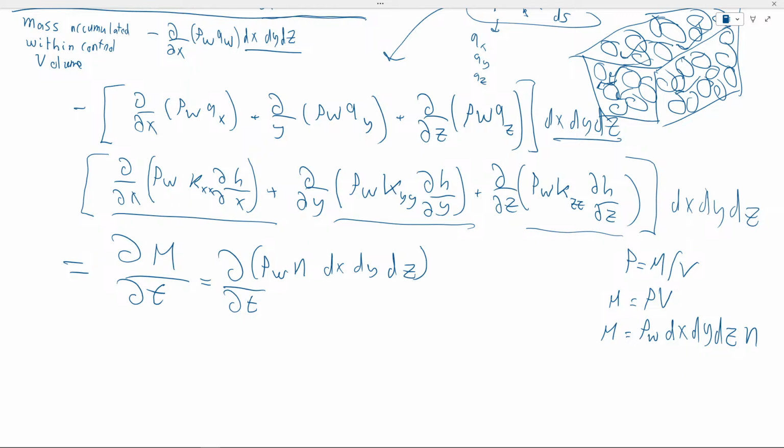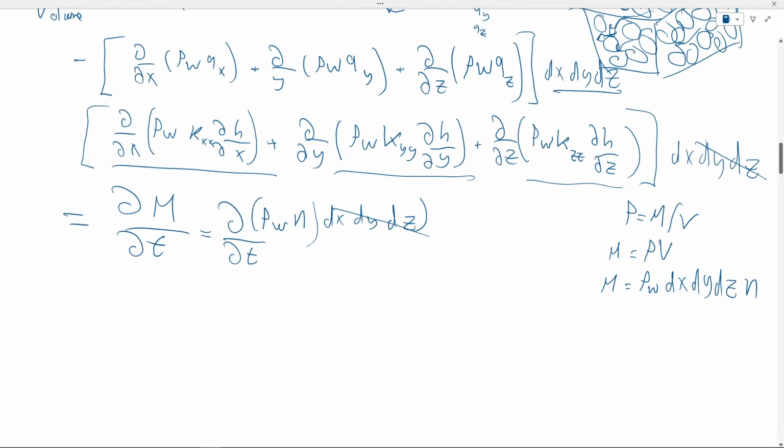So one thing we can do to simplify this equation is that this guy can go away with this guy, and then I will only end up with these guys. We can also assume that the density is constant.